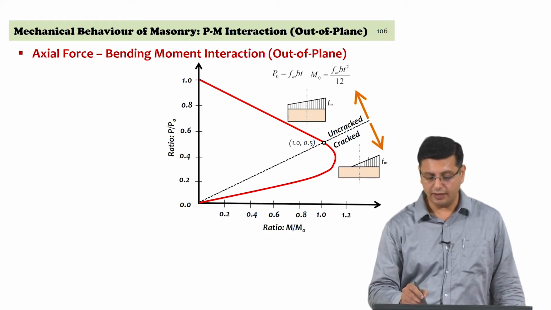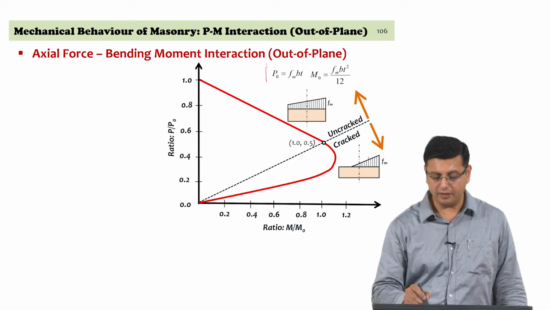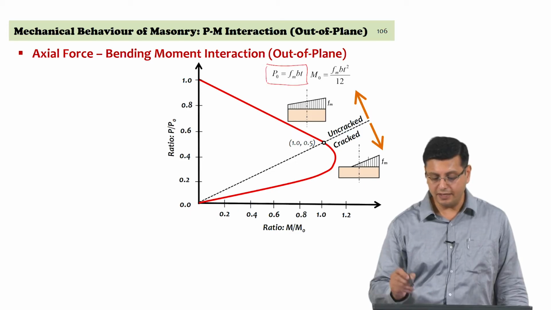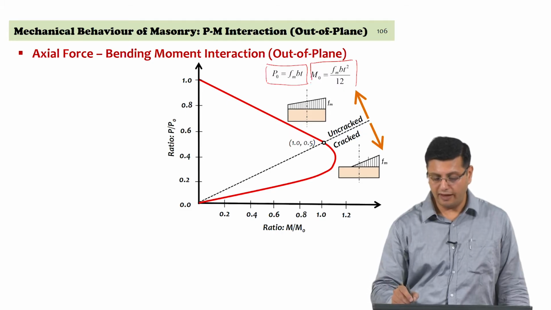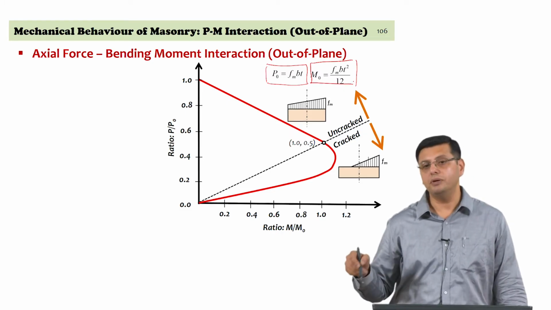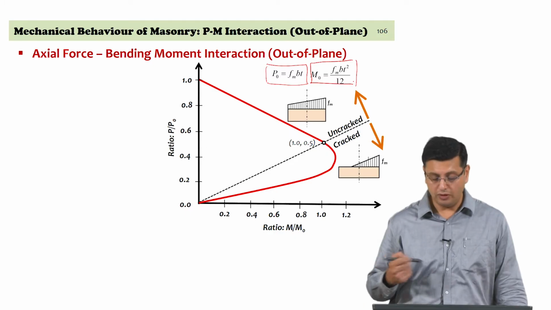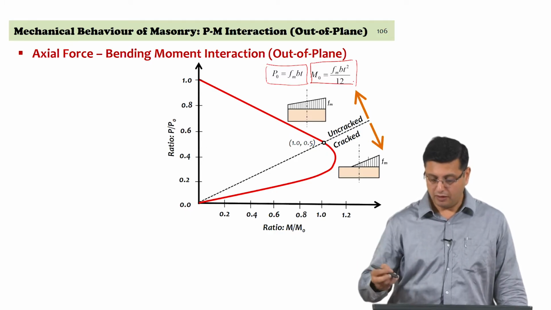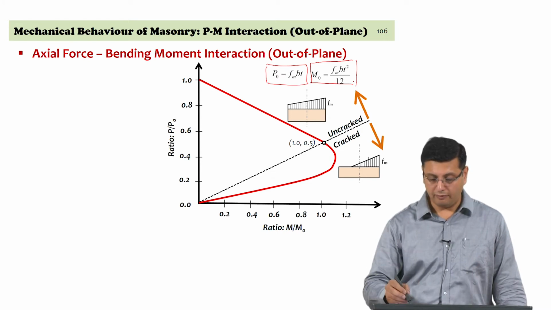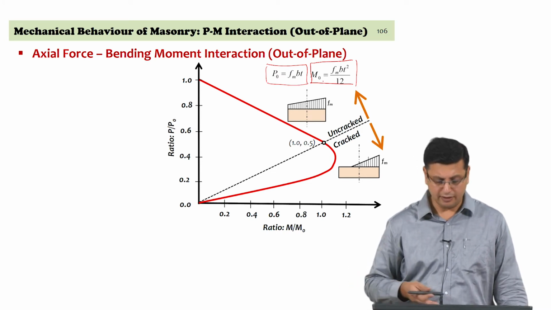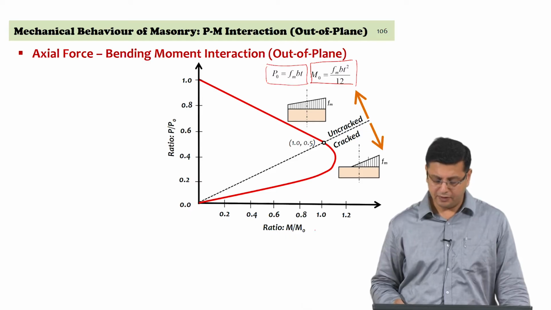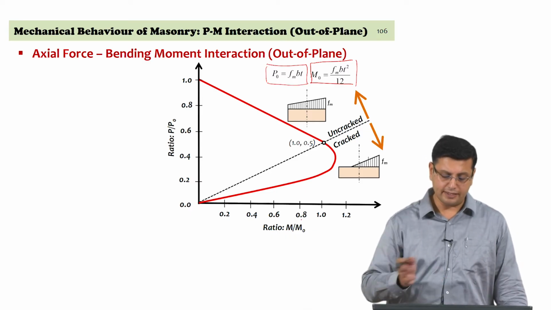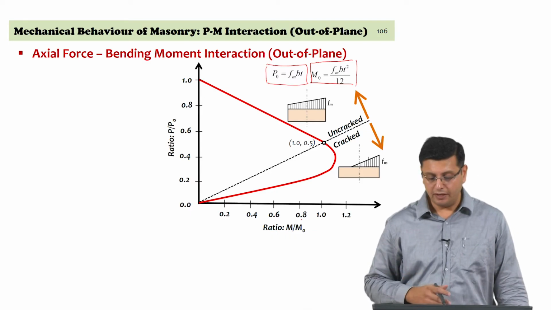So, P naught is Fm into Bt, and M naught is Fm into Bt squared by 12. We are making use of the section modulus to arrive at the value of moment capacity, and it helps us represent the x and y axis in a normalized manner.